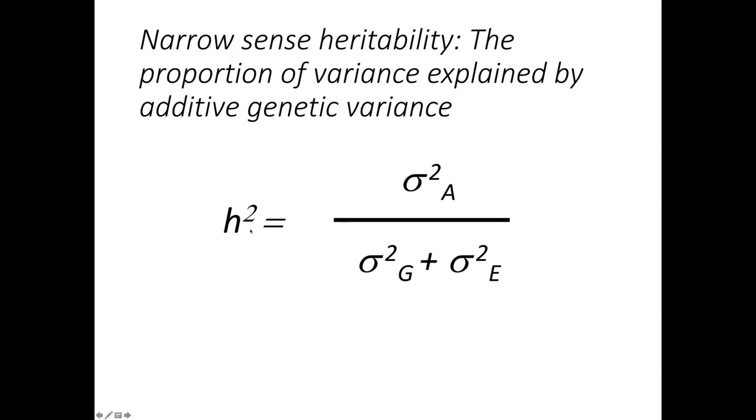Here, little h squared is smaller than big H squared because up above, instead of the entire genetic component plus the dominance component, we just have the additive component, which is the part that is due to the correlation between the parent and offspring. So the proportion of variance explained by additive genetic variance is known as narrow sense heritability, which is why it's called narrow sense, because it's a narrower form of heritability.